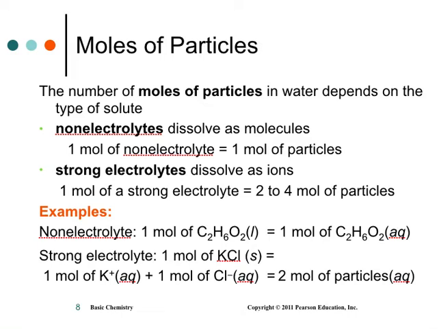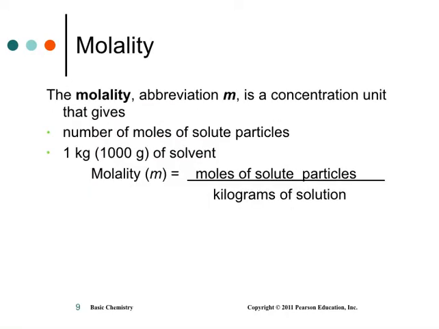How many moles are dissolved in the water? 2 moles of particles, because you're going to have 1 mole of ions that are positive and 1 mole of ions that are negative. Okay, if you put in 1 mole of salt, you're going to end up with 2 moles of particles dissolved in the water. So what's dissolved in the water can determine a lot on how many moles of stuff is actually in that water. Okay, we'll look at a lot of examples for this.